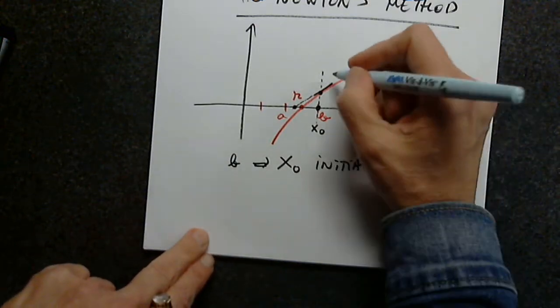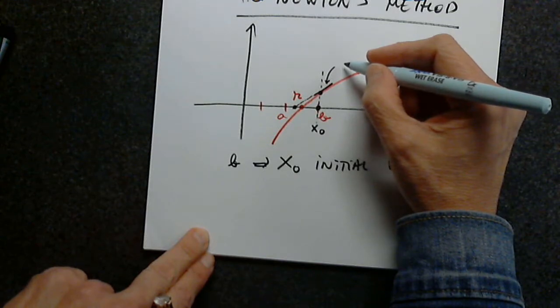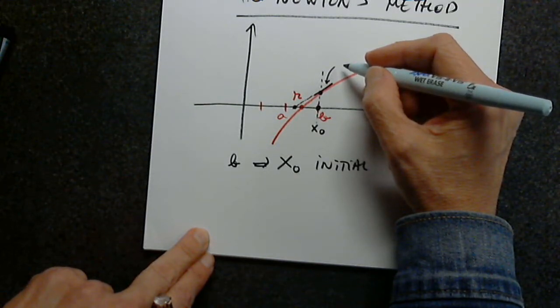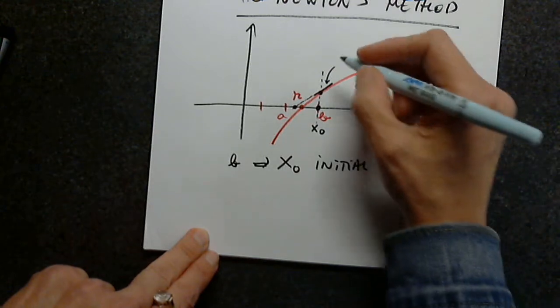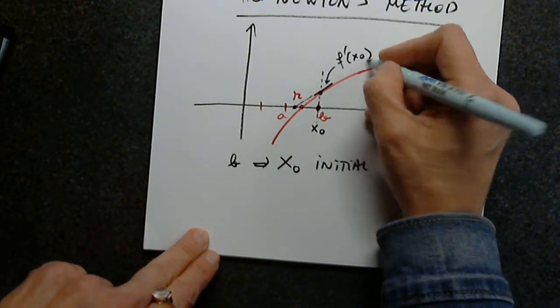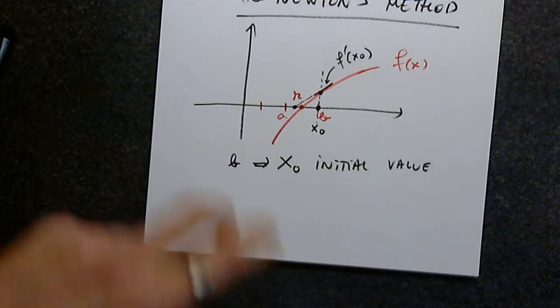Can anyone give us the slope of this line? F prime of x0. We agree? Perfect.